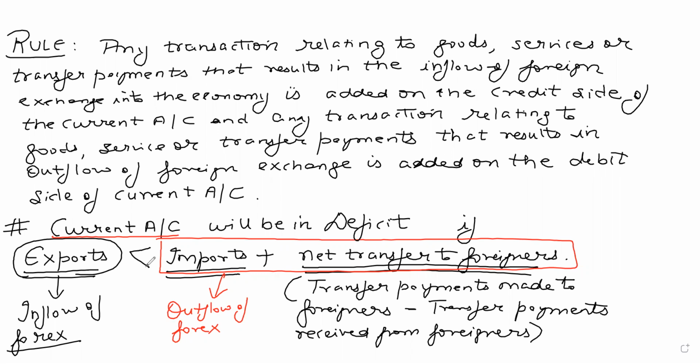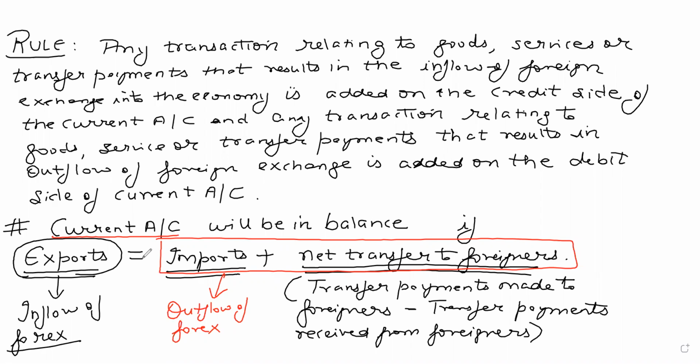Okay, and we can say when the current account will be in balance. So I can say that the current account will be in balance, or I can say equilibrium. The better word to use here is balance. The current account will be in balance if the exports exactly equal the imports plus the net transfer to foreigners.